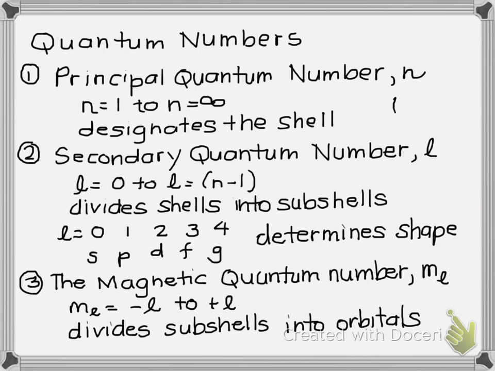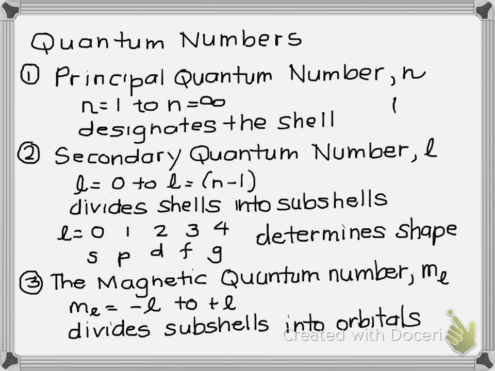If L equals 0, we call that S. If L equals 1, it stands for P. L equals 2 is D. L equals 3 is F. And then so on it goes, like the alphabet, G, H. You've probably only really dealt with S, P, D, and F because those are the only subshells we need to describe the electrons of the atoms in the periodic table.